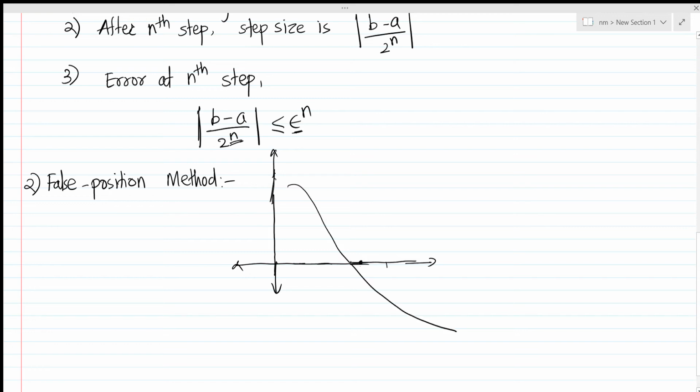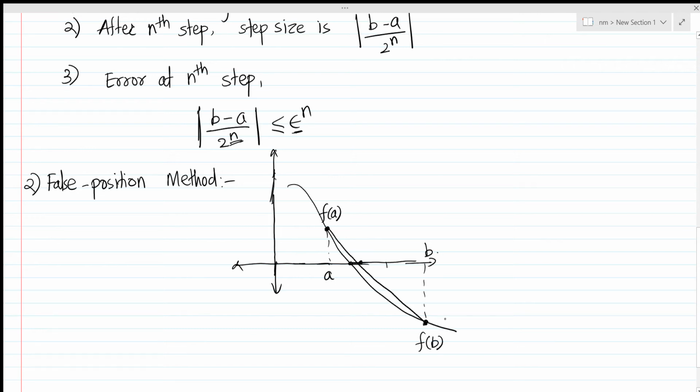Suppose this is the function and these are the two values a and b. In the false position method, we connect a secant line between these 2 points a and b. So this value is f of a and this value is f of b.